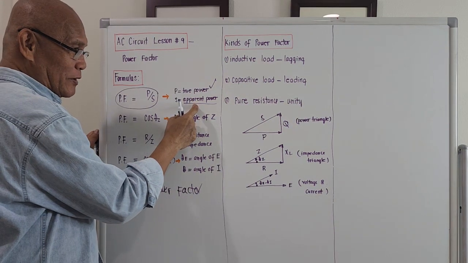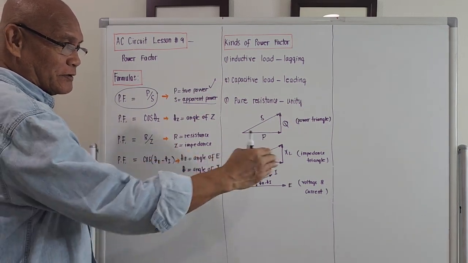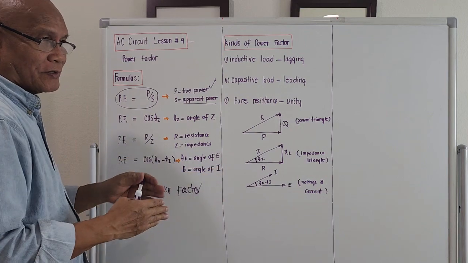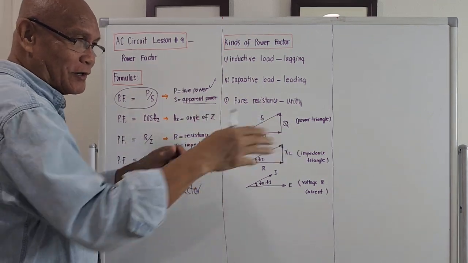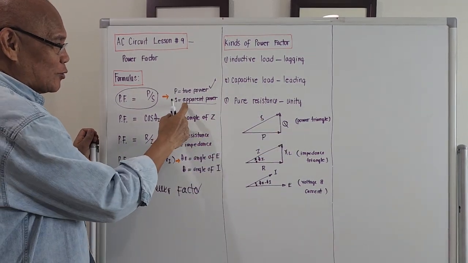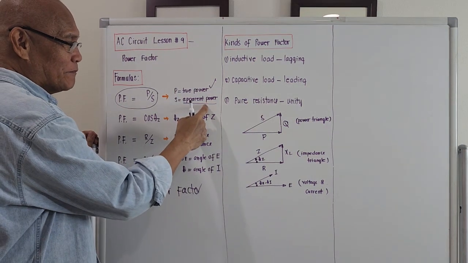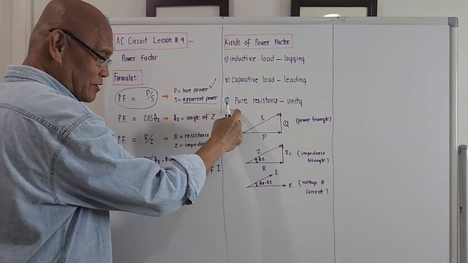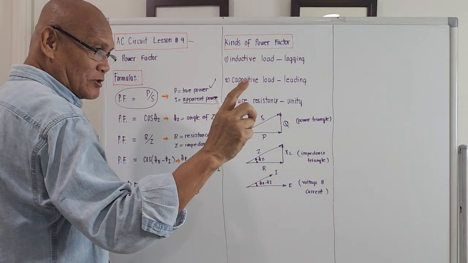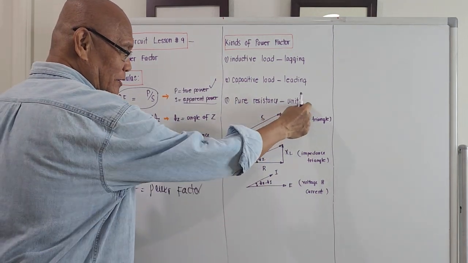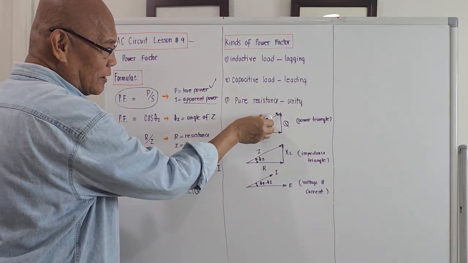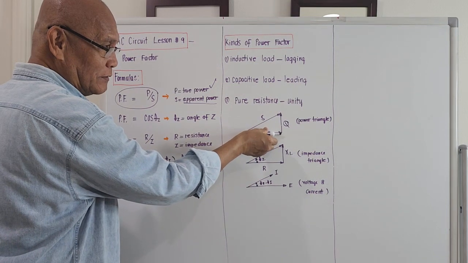For this apparent power, we are taking in current, and some of the current is not helping the utility companies. So we try to minimize this if possible by bringing out a pure resistance load for the company so that the power factor will become unity. So no more power triangle, it is just simply a straight line.